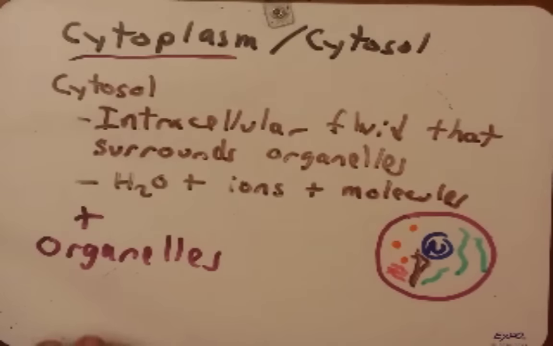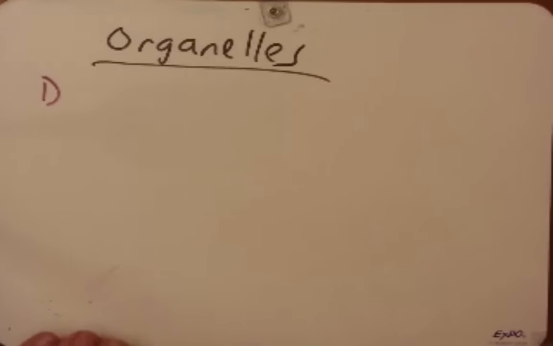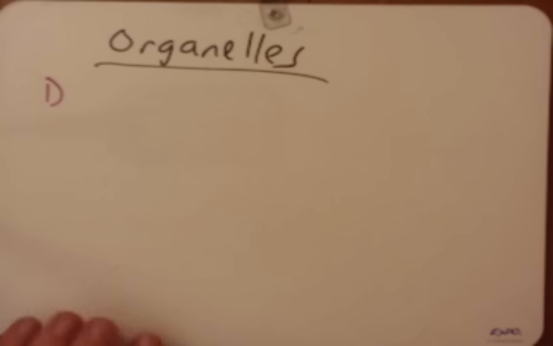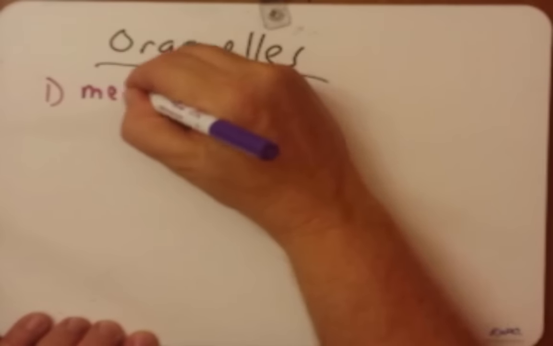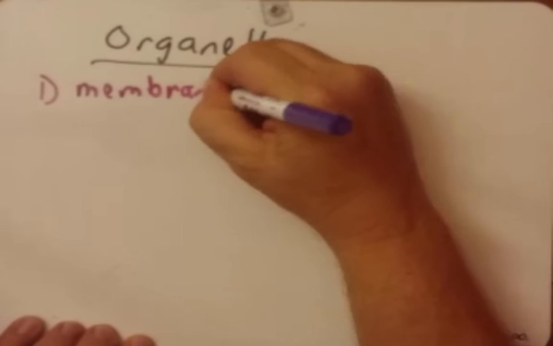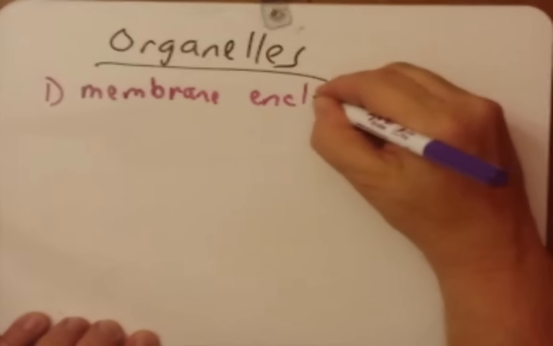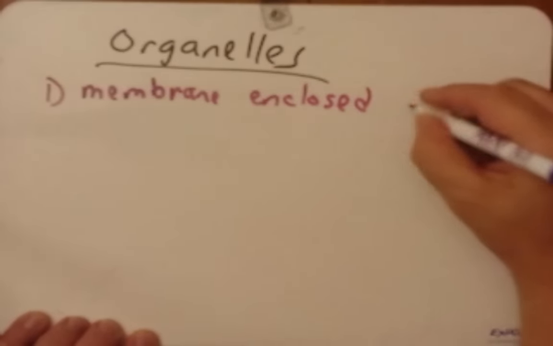I'm going to erase this because I want to spend just a few minutes talking about some general features of organelles. On the last slide, I showed you a generic picture showing some of the organelles, but what are their general purposes? Why do we have organelles? Well, first, let's recognize that they are membrane enclosed compartments.